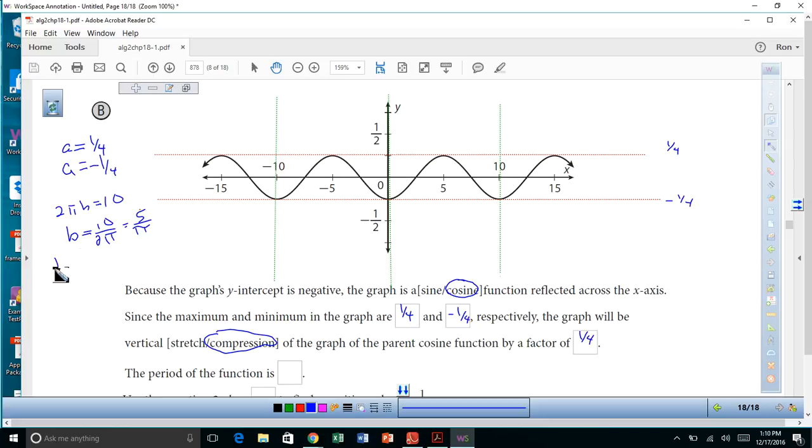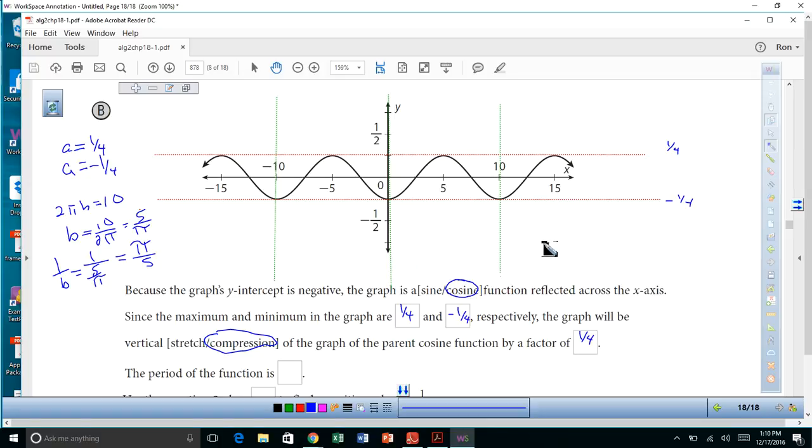So 1 over B, that's going to be 1 over 5 pi, right? 1 over 5 pi. So we're going to put that as pi over 5.